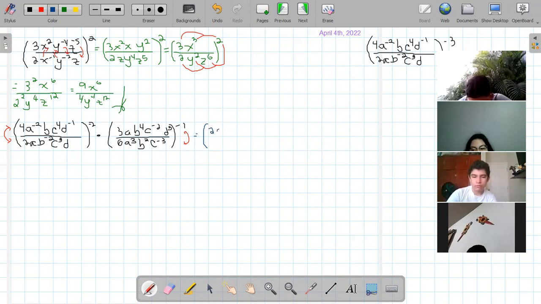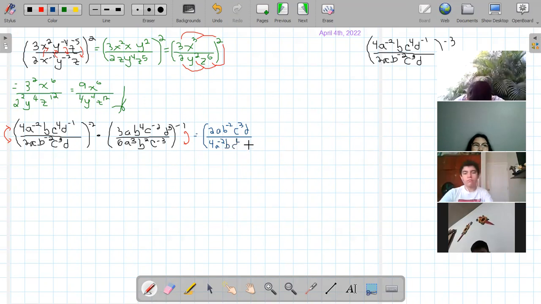So 2a, and I'm not changing anything. I'm just passing it to the other side of the fraction. Exponents remain the same. Nothing else changes but its location. Okay, so over 4a to the negative square, b, c to the fourth power, d to the negative 1 power.